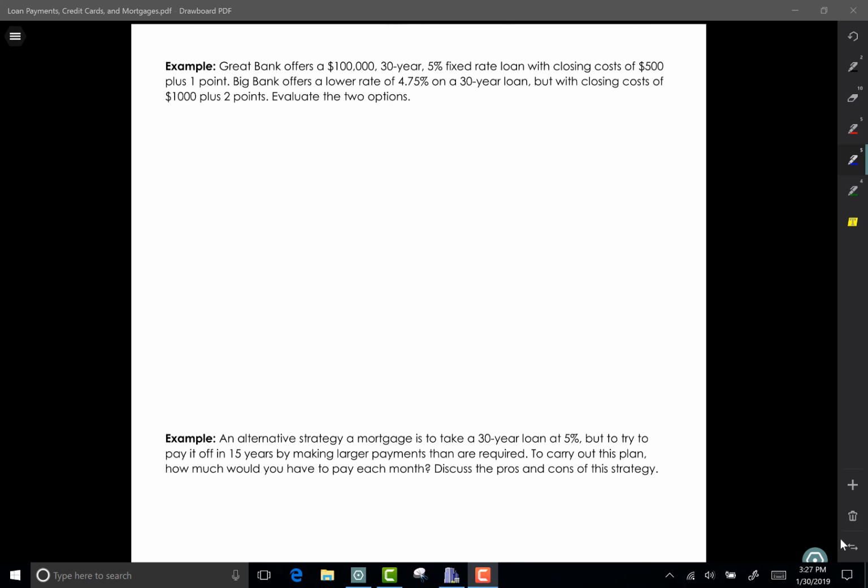Okay, in this example, we're going to actually include the closing costs in with this problem. The previous one, we didn't really talk about the closing costs yet. Okay, we have two banks. We have Great Bank, and then we have Big Bank.